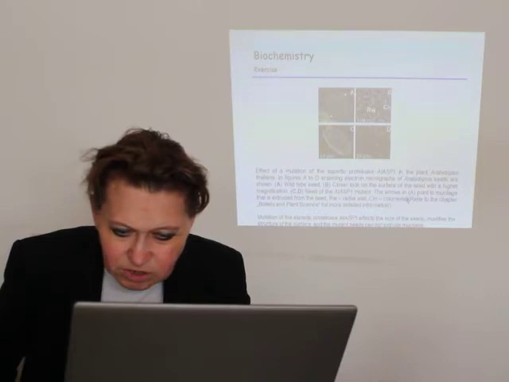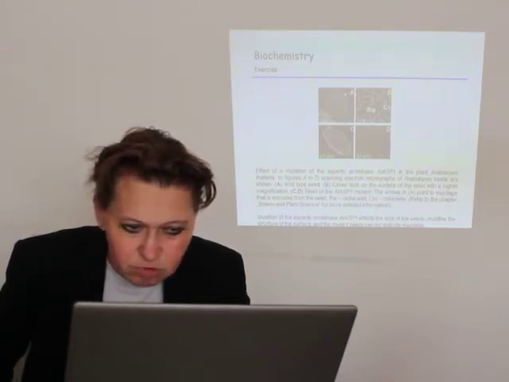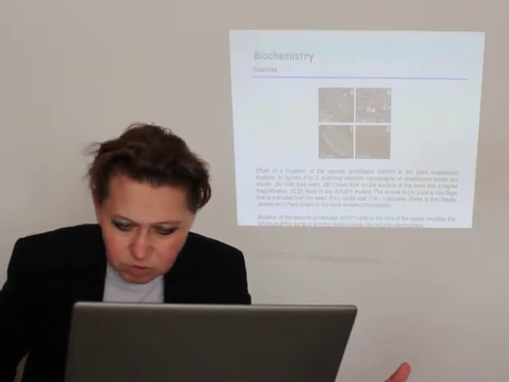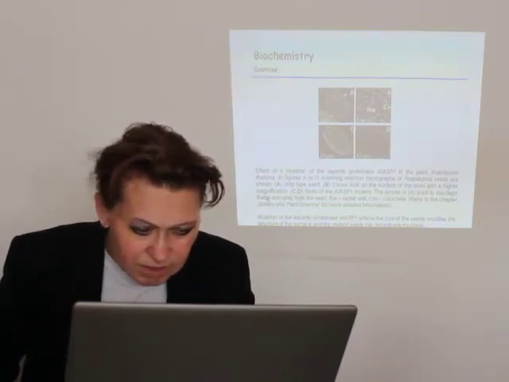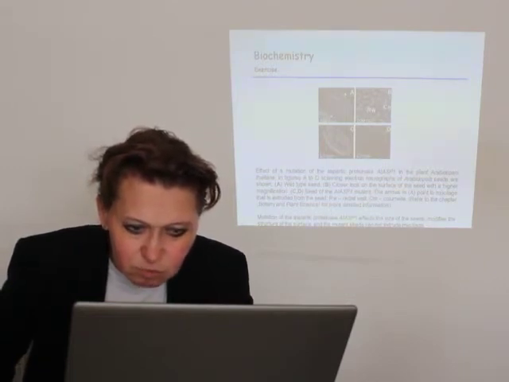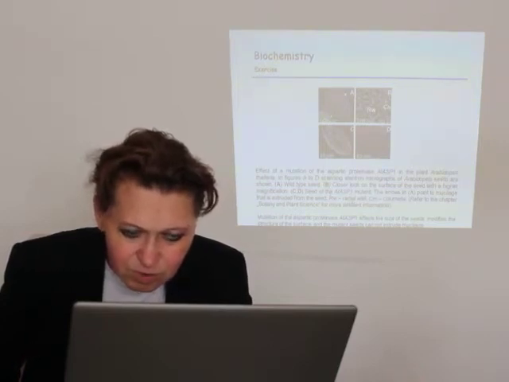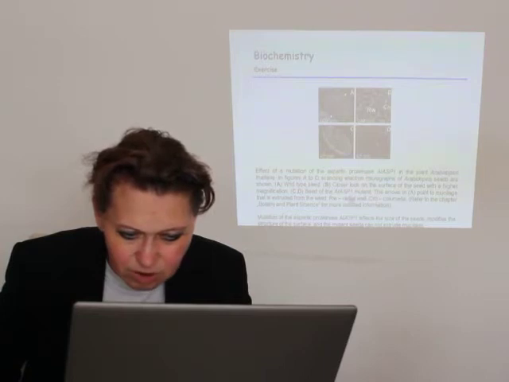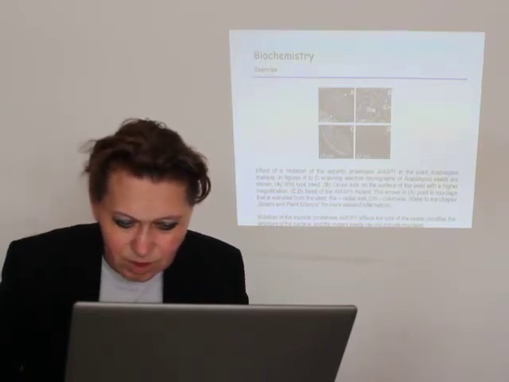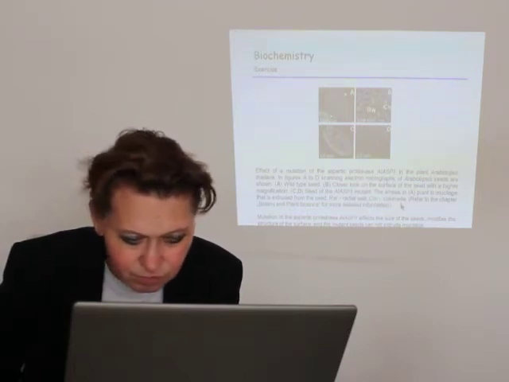The arrows in A point to mucilage. You see it over there, slime, mucilage, that extrudes from the seed. RW means the radial wall, and CM columella.